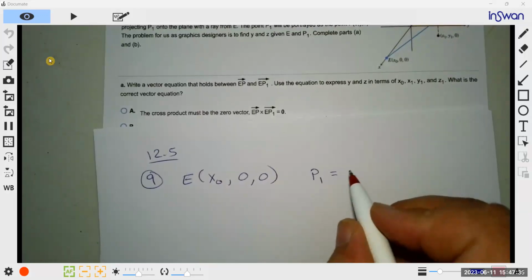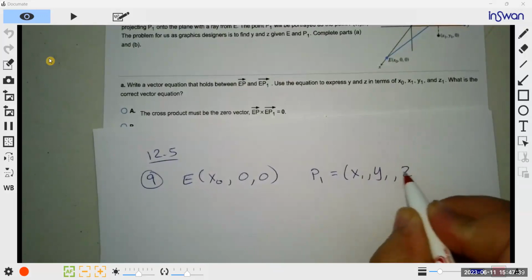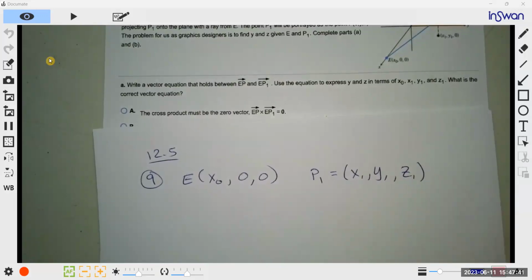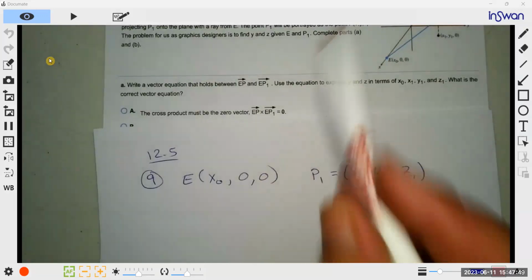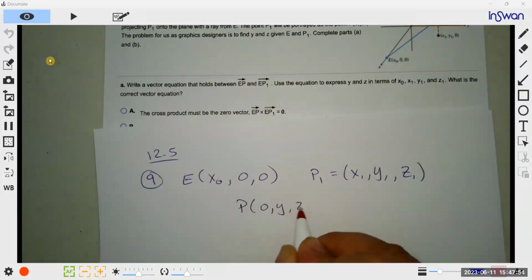P1 is at (x1, y1, z1). It says P is at (0, y, z).